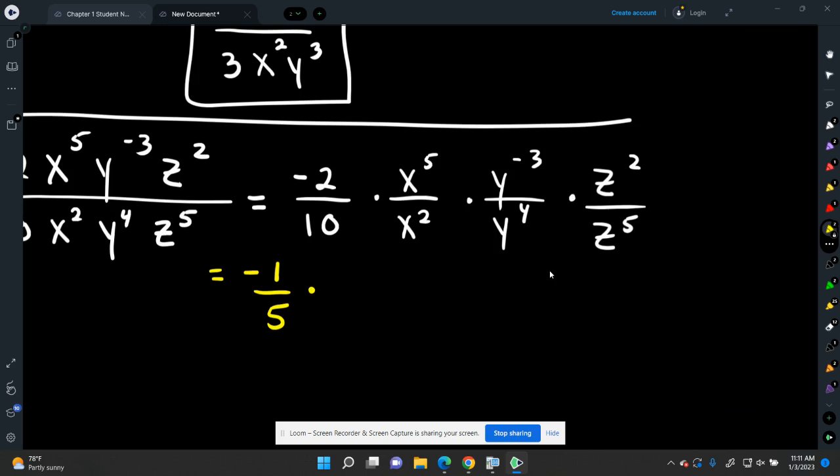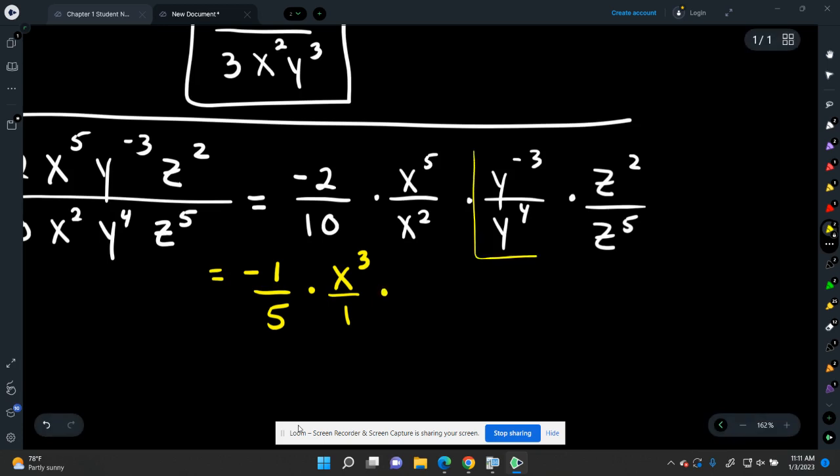X to the 3rd, right? So there's more x's on top, so I know my x's left will be on top. You can put this over 1 if that helps you understand. Times. Okay, now we have to do something with this because I have that negative exponent.